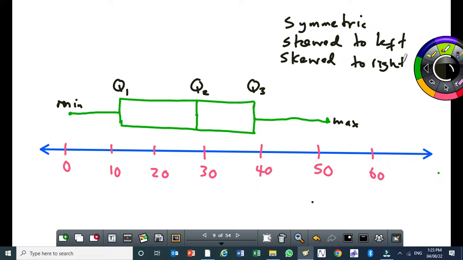If the data set is symmetrical, it will have a shape which looks like this. It's called a bell shape. Now, it can be skewed to the right, which means most of the values can be to the right of the mean. Or it can be skewed to the left. So a box and whisker helps us to do an analysis on the distribution of the data set. How spread is the data set? Usually from the mean. The mean is our reference.